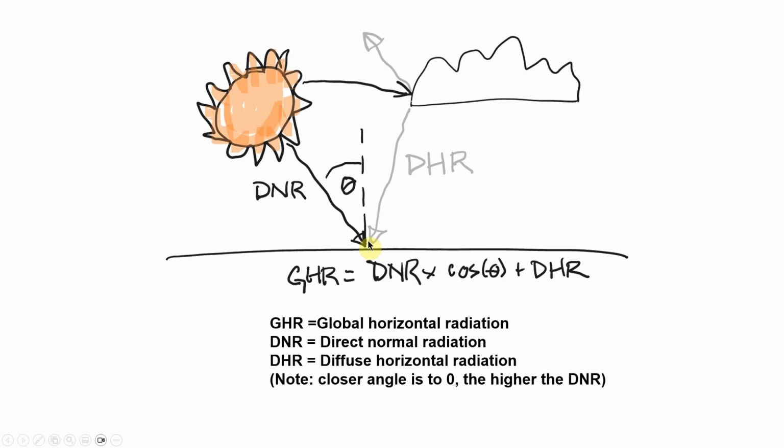Then there's going to be some sun. It's going to be cloudy. There's going to be other reflections, water, whatever, and we'll have some diffuse horizontal radiation, which is what's bouncing off of clouds, you can think of. So those two together create the global horizontal, the total, except that the direct normal has to be adjusted for the actual surface that we're talking about measuring.